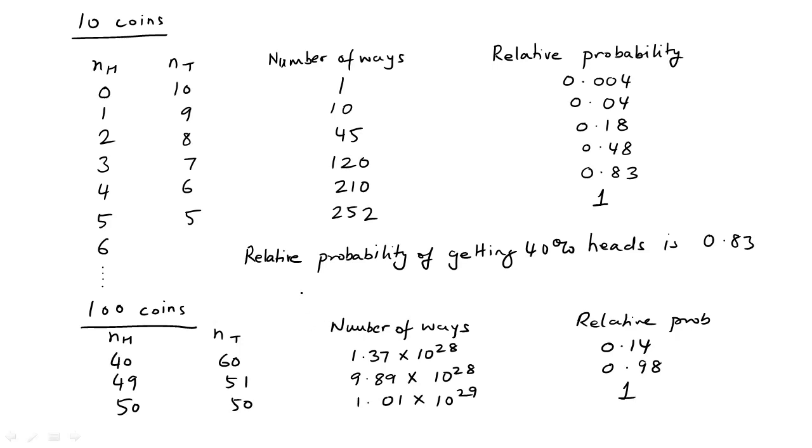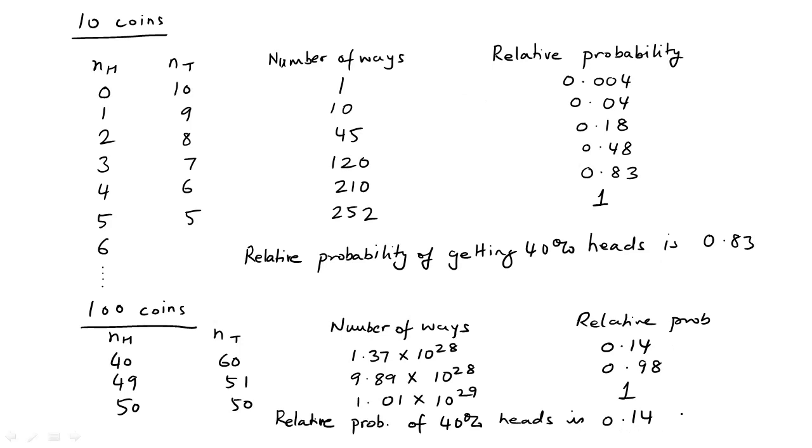The most important take home from the slide is that the relative probability of getting 40% heads is now only 0.14. It was 0.83 with 10 coins and it is 0.14 with 100 coins.